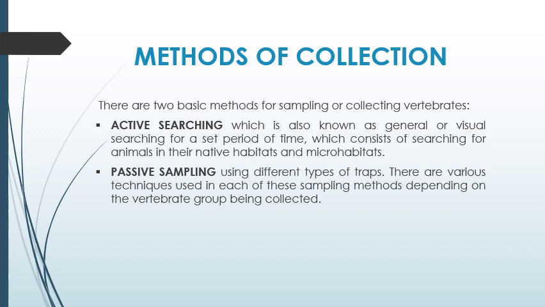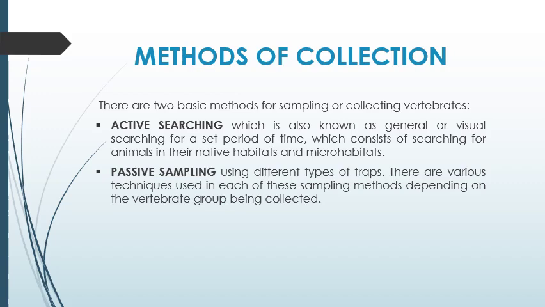Methods of collection. There are 2 basic methods for sampling or collecting vertebrates. Number 1, active searching, and number 2, passive searching or passive sampling. Active searching is also known as visual searching for a set period of time, which consists of searching for animals in their native habitats and microhabitats.